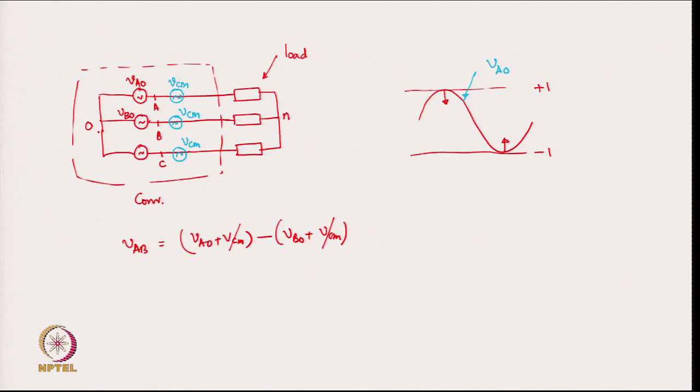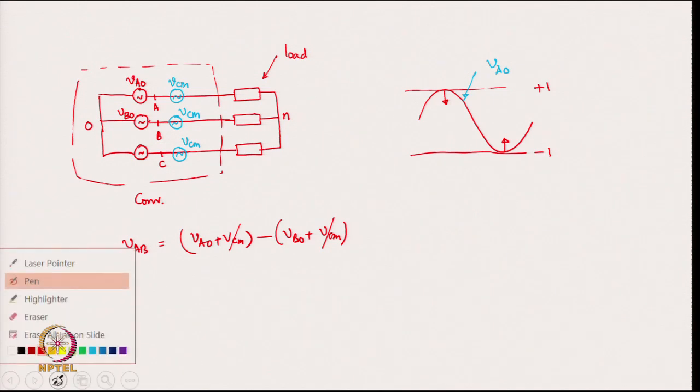So, this voltage, V common mode, what can we add to this voltage so as to push the sine wave up and down? So, let us start with the first option.